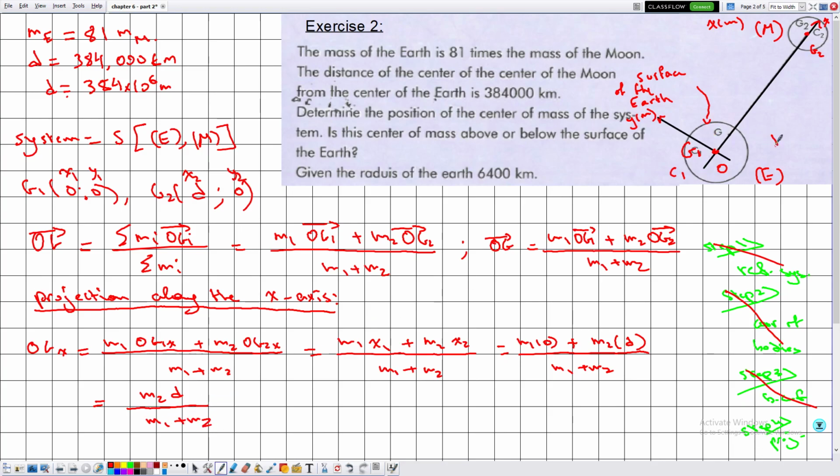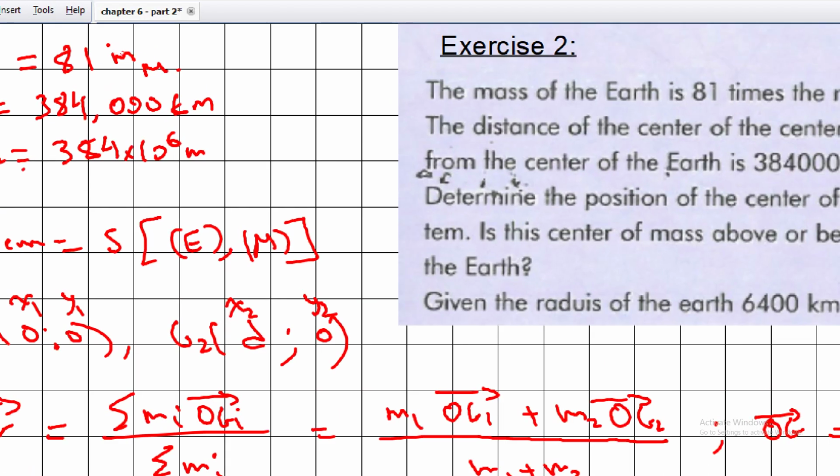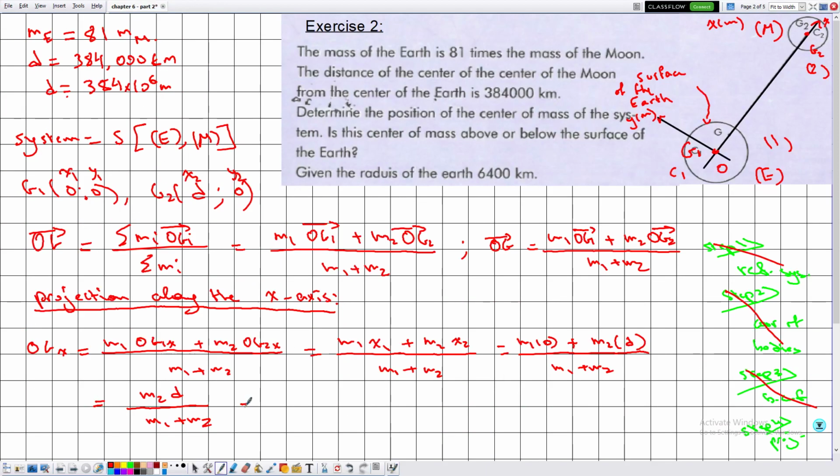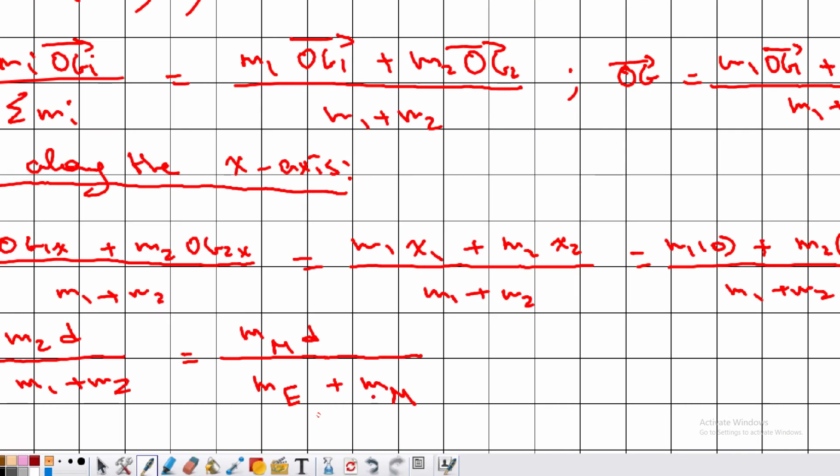So notice that the Earth represents the object 1 and the Moon represents the object 2. So now we need to determine the masses M1 and M2, or in other words, to determine the relation between them. So M2 corresponds to the mass of the Moon, which is denoted by M subscript capital M, divided by the mass M1, which is the mass of the Earth, plus the mass of the Moon. But notice that there exists a relation between ME and MM, is that ME is equal to 81 MM according to the given.